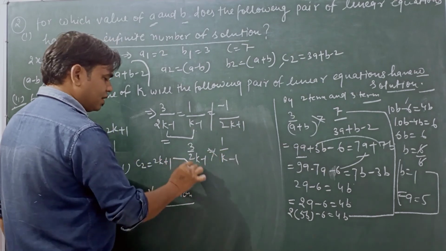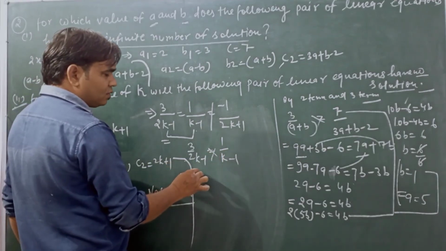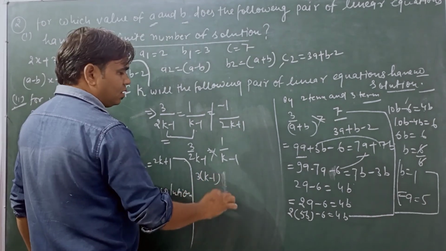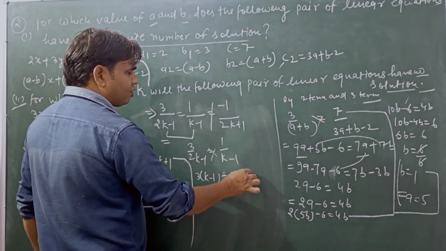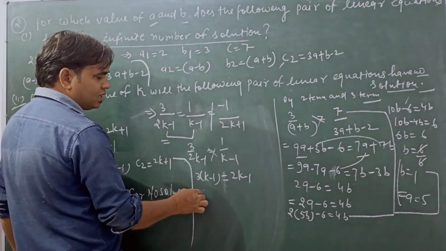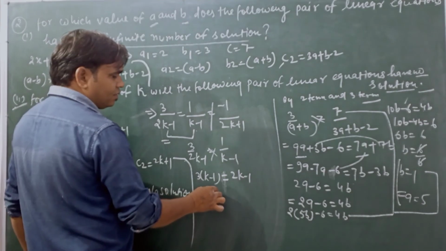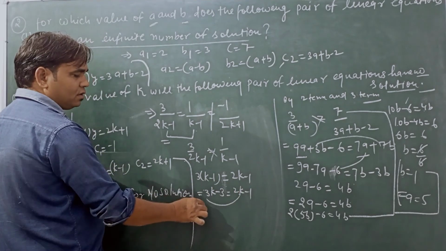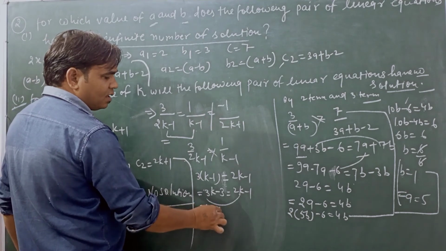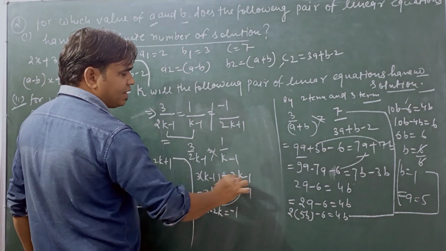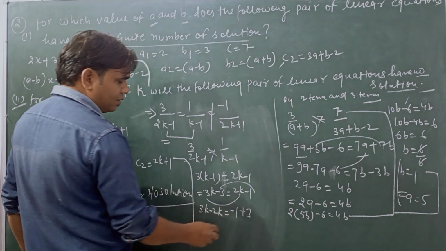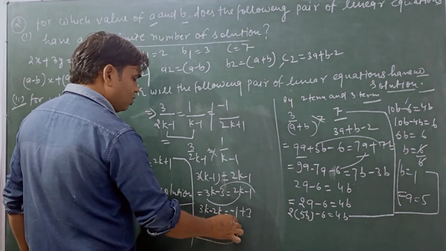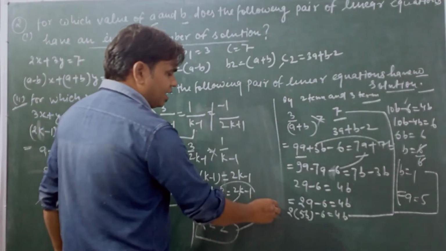Cross multiplication gives 3 times k minus 1 equal to 2k minus 1. So 3k minus 3 equal to 2k minus 1, and 3k minus 2k equal to minus 1 plus 3. So k equal to 2. So this is the value of k.